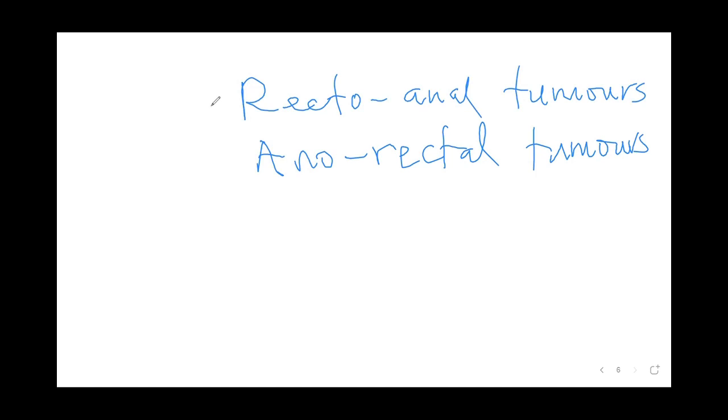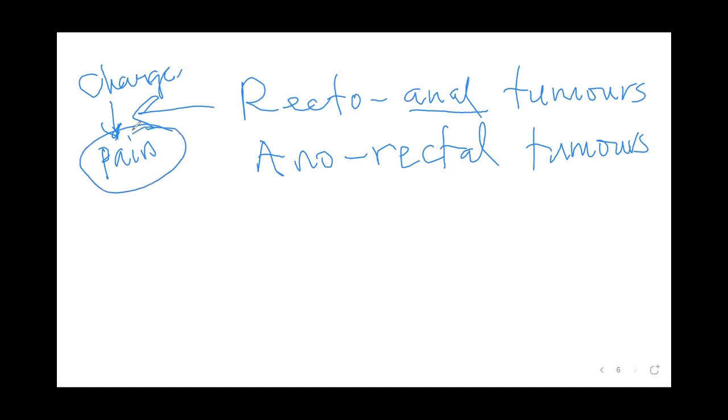They present initially with features of change in bowel habits, followed by pain. Why is that so? Because the anal canal has somatic innervation where they will have pain, while the rectum has visceral innervation. Initially, there is no pain, just features of obstruction from change in bowel habits, which, when it encroaches the anal canal, becomes painful.